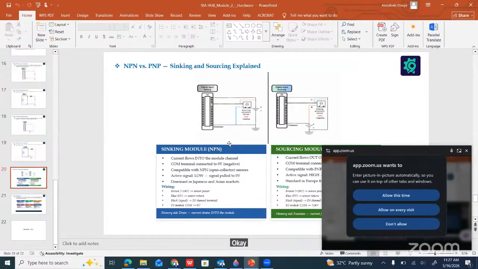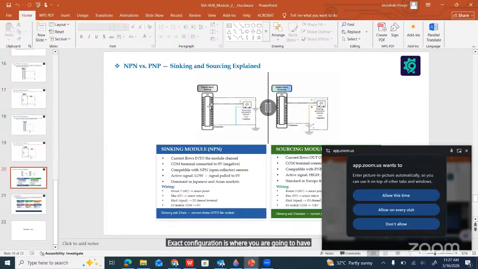But in a situation whereby you are segregating it so that your loads have a separate power from whatever power the PLC itself is using, this exact configuration is what you are going to have.